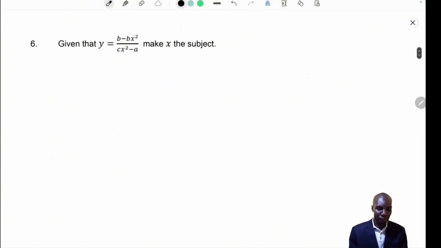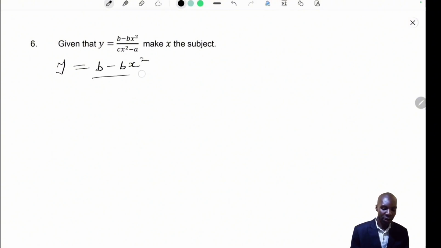Number 6. Given that y is equal to b minus bx squared over cx squared minus a, make x the subject of the formula. So you are given y equals b minus bx squared over cx squared minus a. The first thing that we can do is to do away with the denominator.